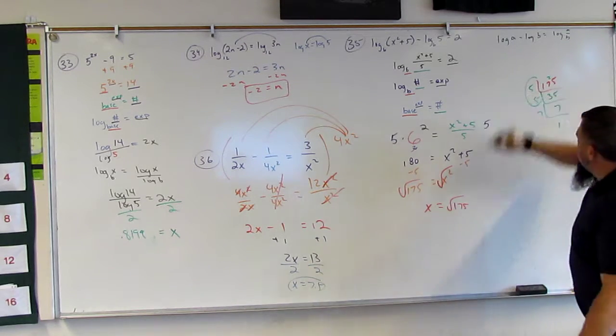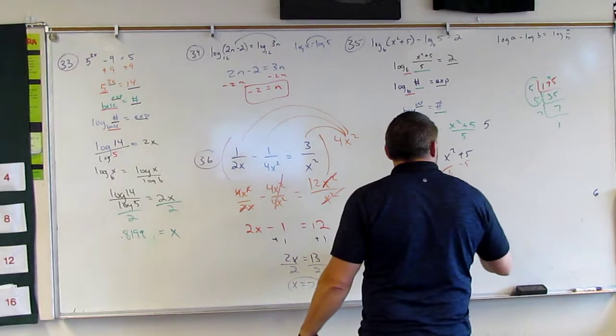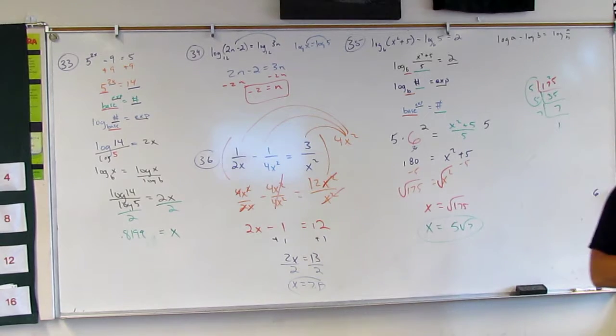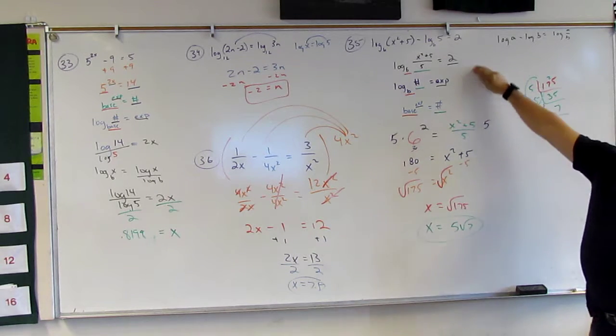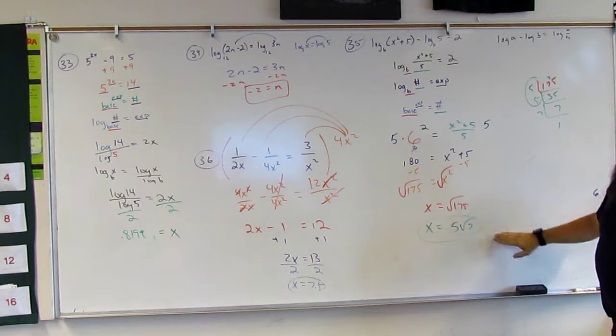That means there is a pair of 5s. So x is equal to 5 square roots of 7. It's all algebra 1 stuff. This is algebra 2, pre-cal. This, algebra 1.